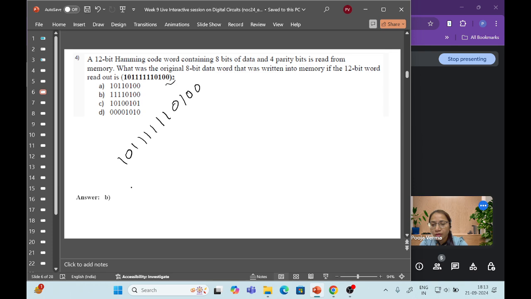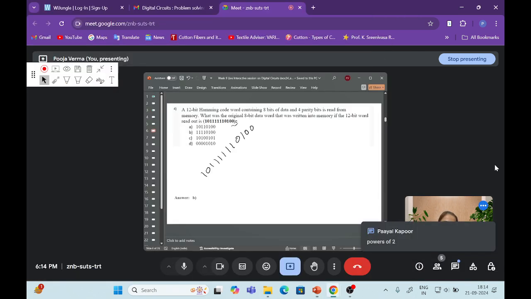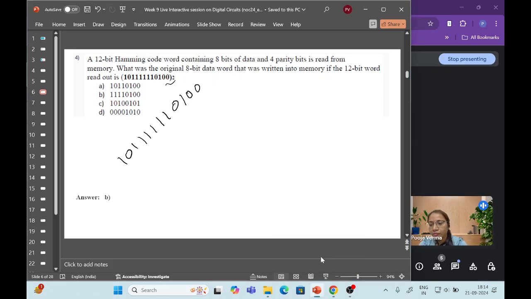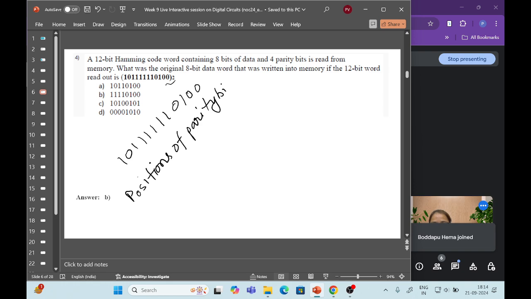Already we know, at the powers of 2. So the positions of the parity bits are 1, 2, 4, 8.